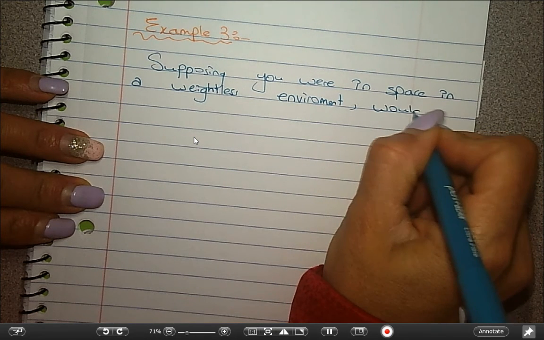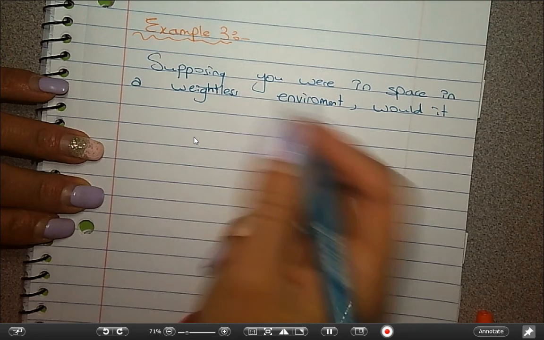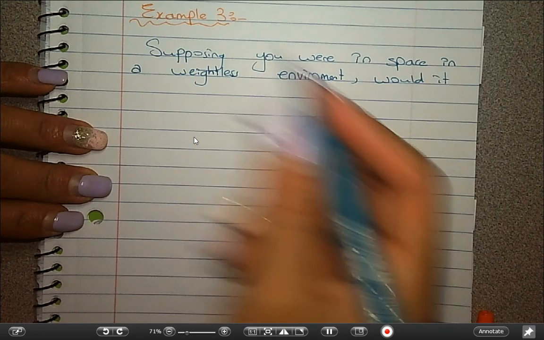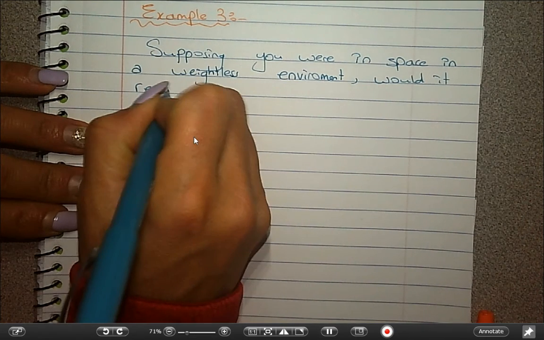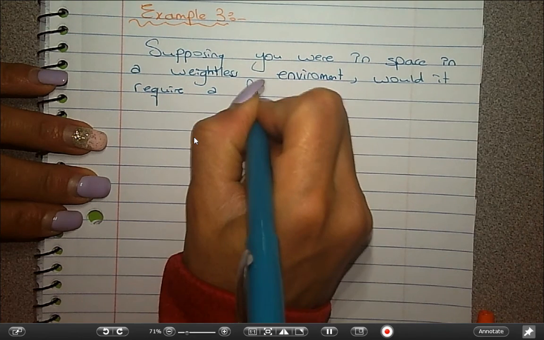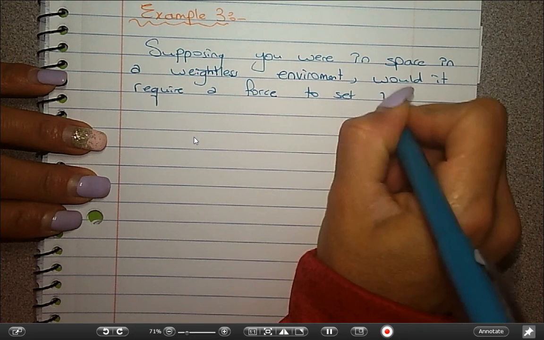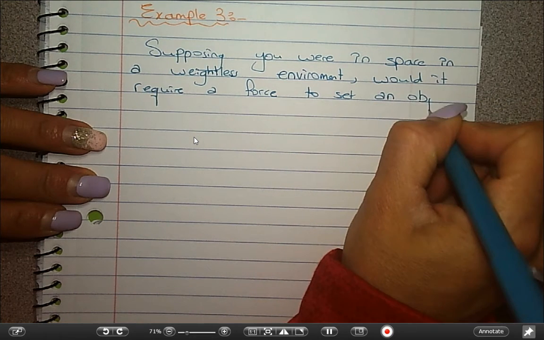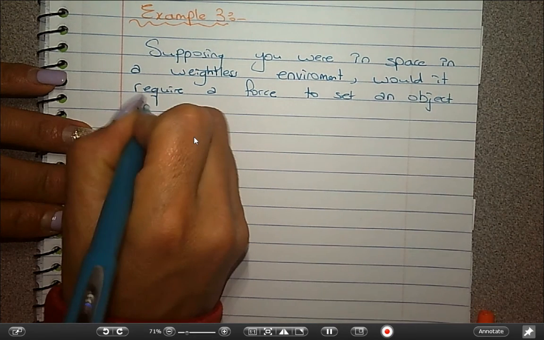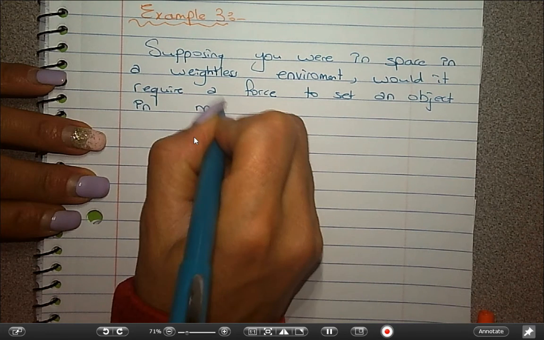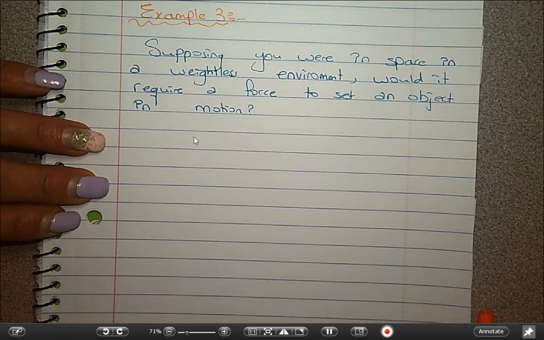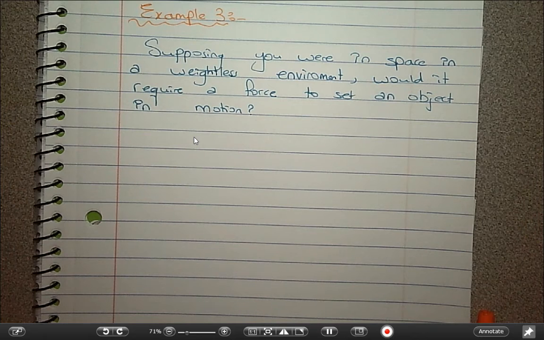Do you think it would require a force to set an object in motion? So, what do you think? Absolutely yes, definitely. Why is that?